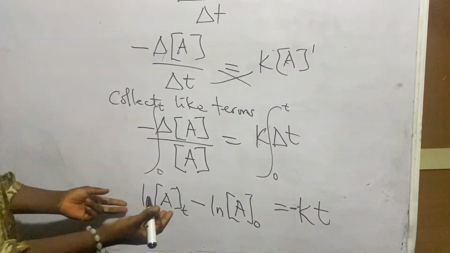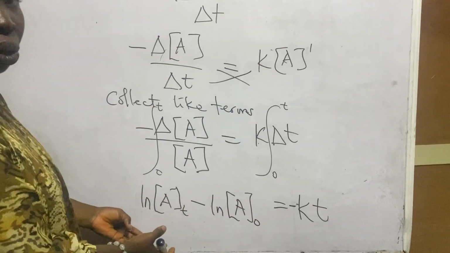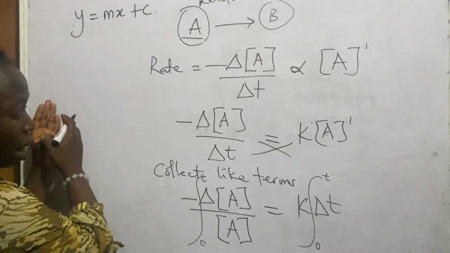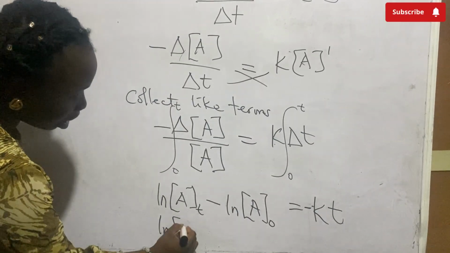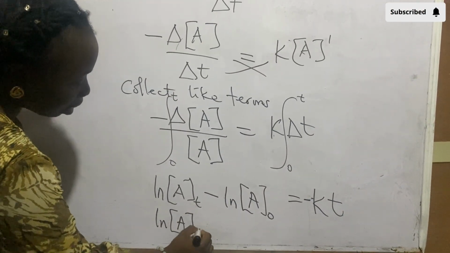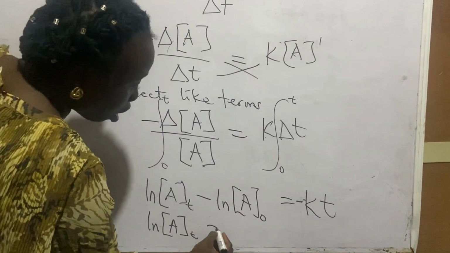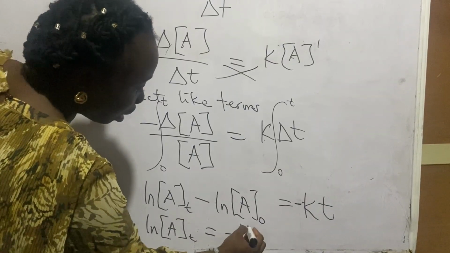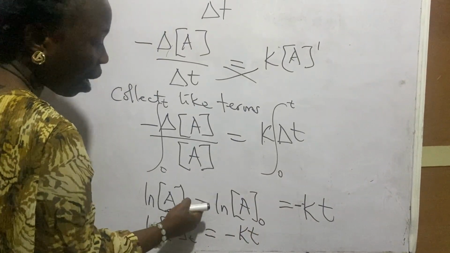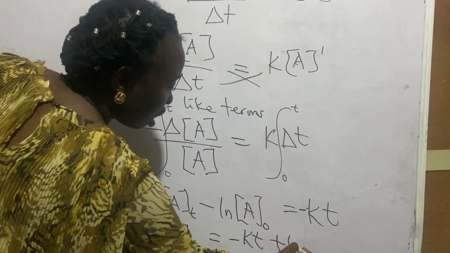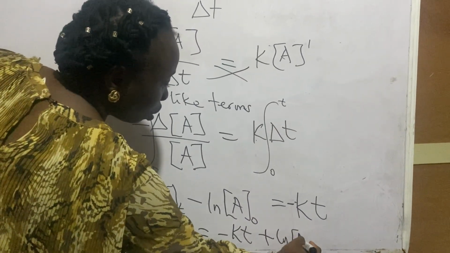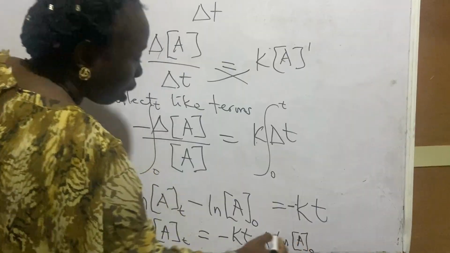So that means we need to rearrange this equation to a straight line graph. It becomes natural logarithm of A at time t equal to minus kt. When minus goes to the other side, it becomes plus natural logarithm of concentration A at time 0.